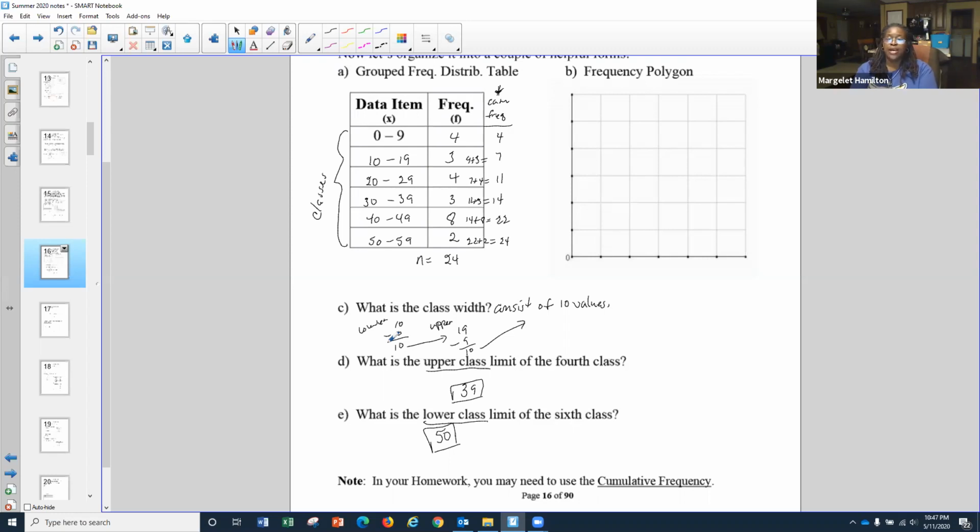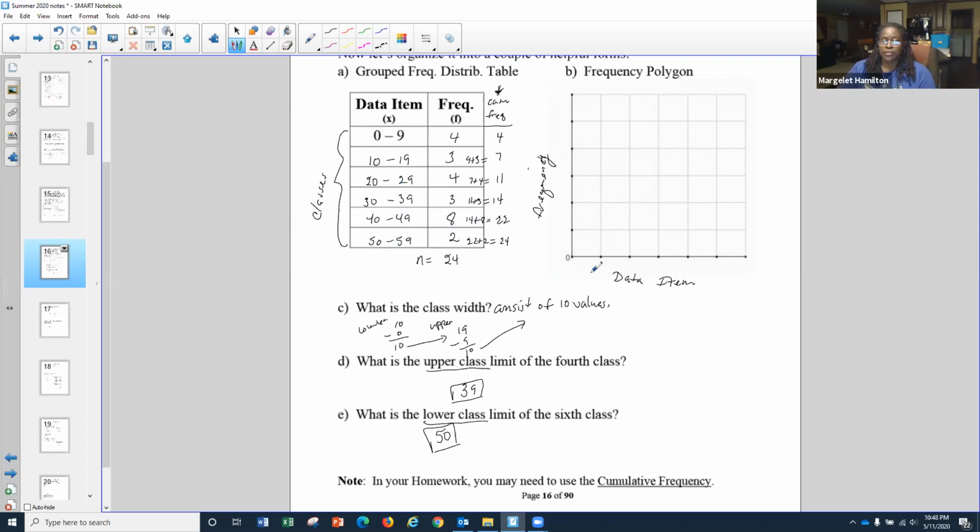All right, now let's go ahead and fill in our frequency polygon. Again, your data item, and your frequency. All right, there we go. So we see we have our groups here, so we're going to label these as our groups.